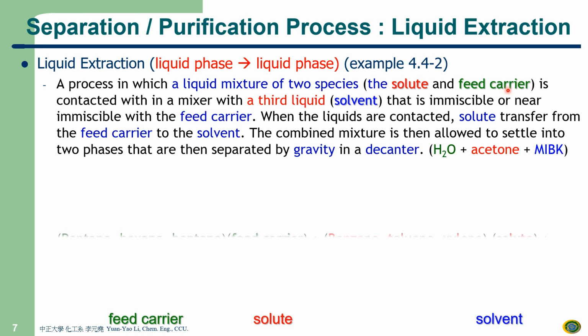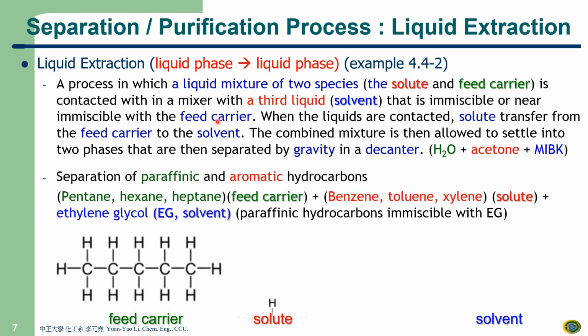Okay, so here is another example. We have paraffinic and aromatic hydrocarbons. This is paraffinic hydrocarbon. This is aromatic hydrocarbon. So how are we going to separate these two? We cannot use distillation, no. So we use liquid extraction by this solvent, which is EG, ethylene glycol.